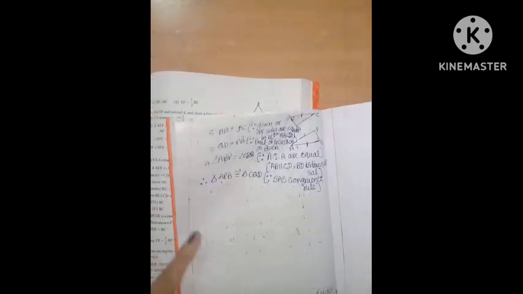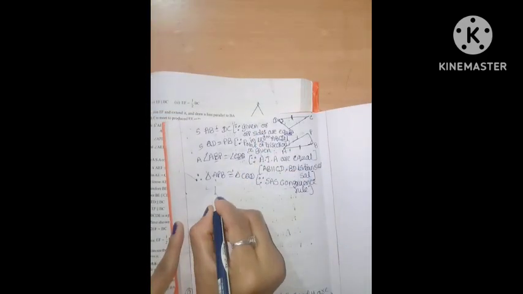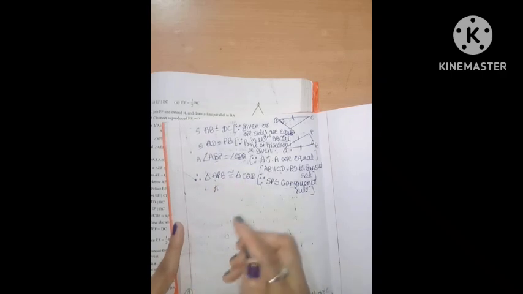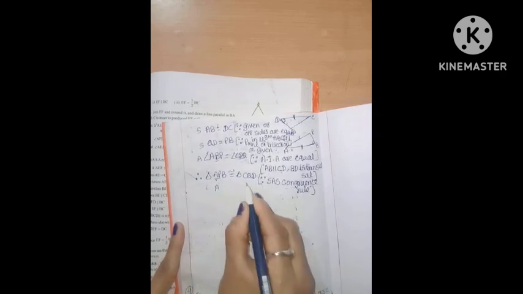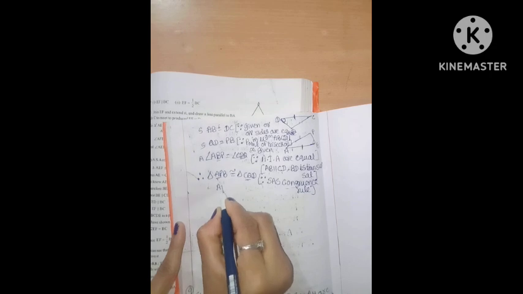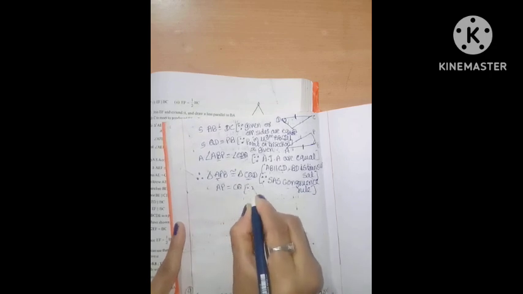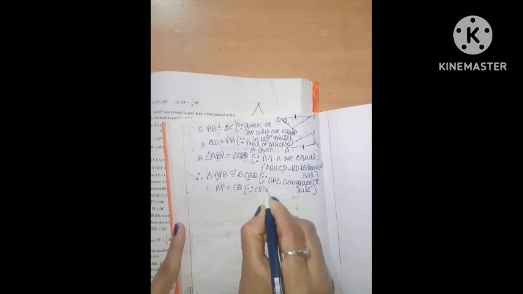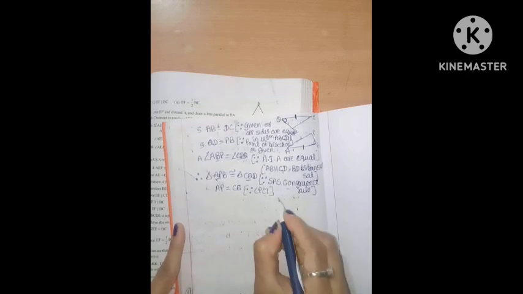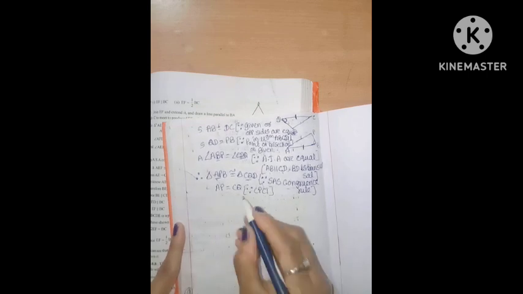Next. Whenever two triangles are congruent, CPCT also holds. Here AP equals CQ. Why is it equal? Since CPCT. Are you clear? This is the first question.